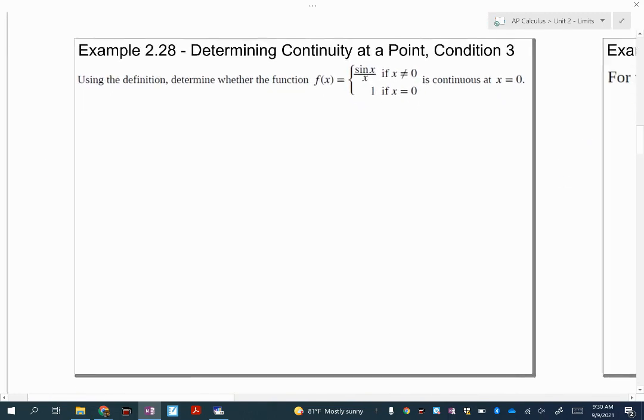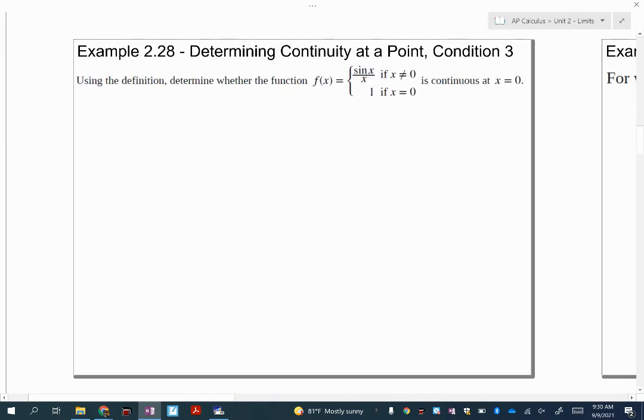Let's do this next one. Determine whether the function is continuous at x equals 0. So let's plug in 0. It's another piecewise function. It says when x is 0, your y is 1. So that's a check. The limit as x approaches 0 must exist. Let's go from the left.